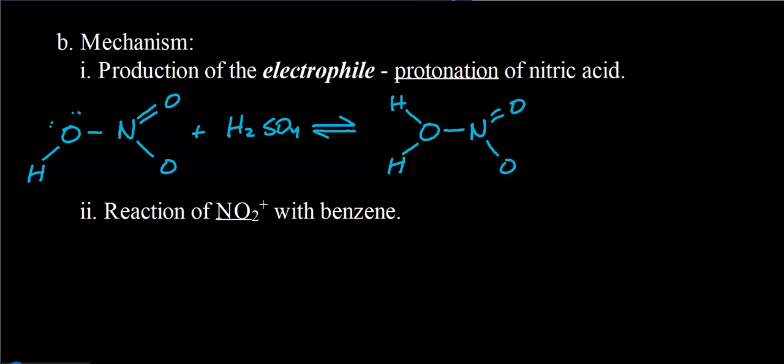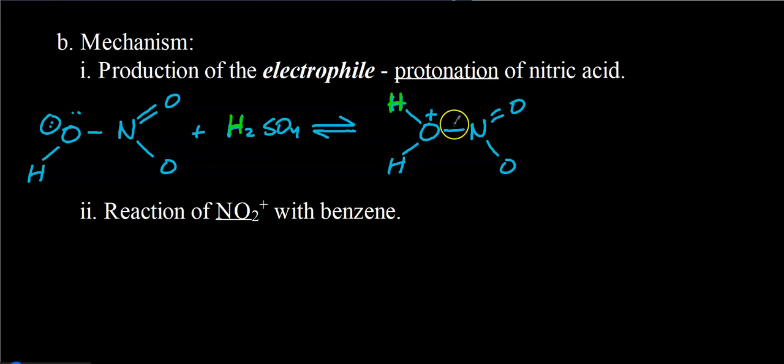So maybe I'll color coordinate it. One of these hydrogens from sulfuric acid is used to protonate the nitric acid. So we have one of the lone pairs of electrons on the oxygen that forms the covalent bond with hydrogen. This gives the oxygen a positive charge.